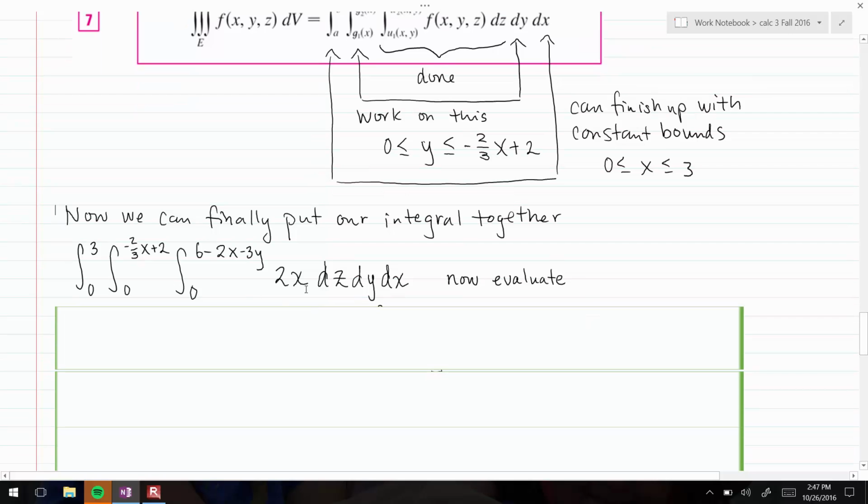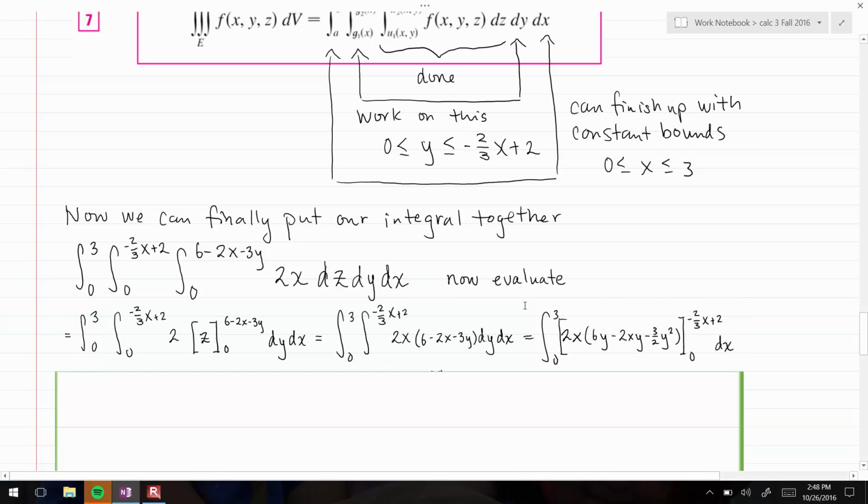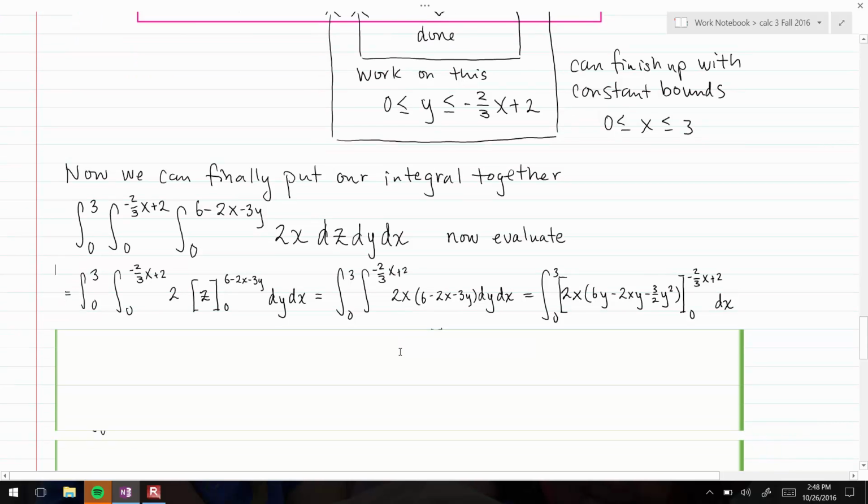So now you just evaluate this thing. So we start with the innermost here. Notice again, because of the variable bounds, you cannot have those fun options of doing shortcuts and whatnot. You just got to do it in the order that's indicated. So doing the innermost first, 2x is held constant, and then I have z as my integral with respect to z. And then you're going to plug stuff in for it, just like you would have before. Simplify, and then you muster up enough strength that now you're going to try to work on an integral with respect to y, because that's the next layer out.